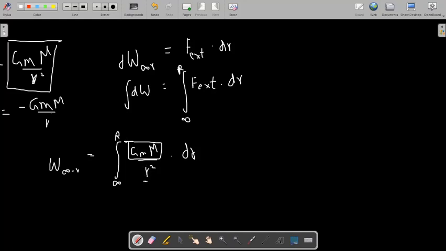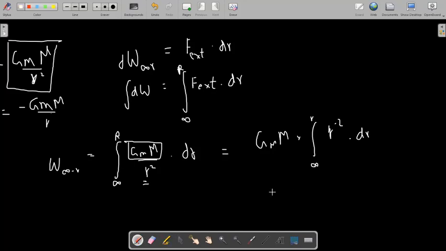So we can rewrite this as GMm multiplied by the integral from infinity to R of 1 upon r squared, which is the same as r to the power minus 2 times dr. By the inverse power rule, you get minus 1 upon r.